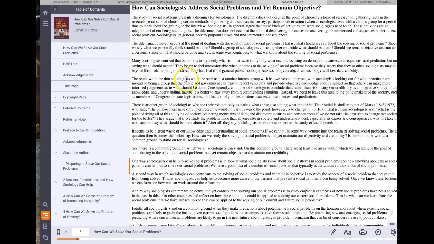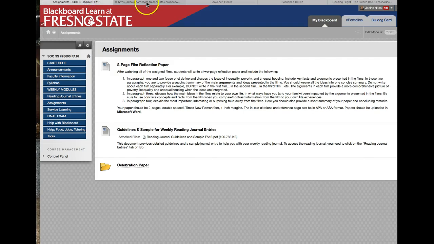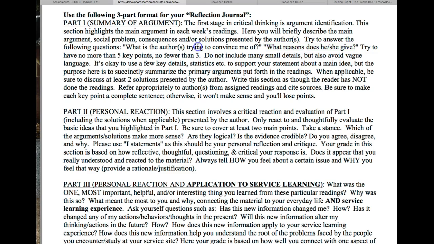The result would be that sociologists would be seen as just another interest group with its own vested interests. And so that is one of the arguments that Crone presents for why sociologists should remain neutral or objective. However, there's something missing from that, and that's where that critical thinking has to come into play.